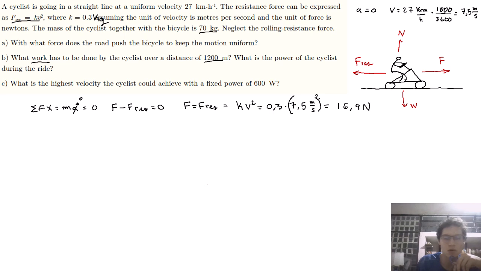All right. The next question is to find the work done by the cyclist if it traveled a distance of 1.2 kilometers. So the work is basically the force times the distance moved by the force, in the direction of the force. So replacing that, we got 16.9 newtons times the distance, 1,200 meters.